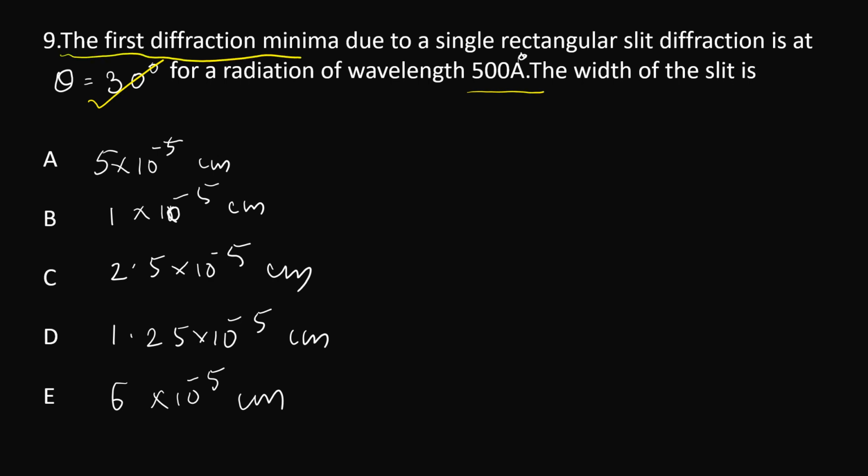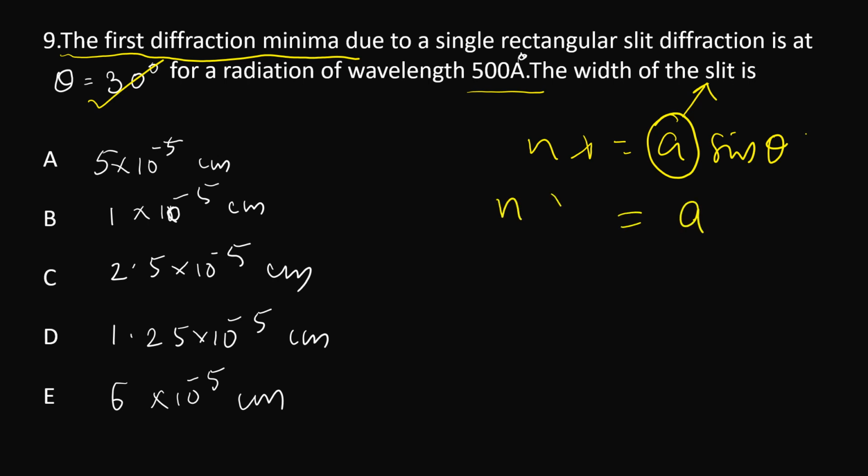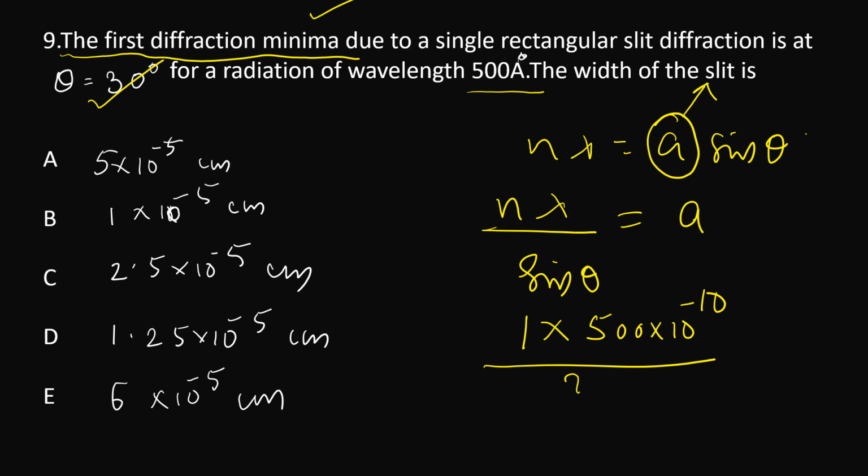For a diffraction minima, we can write nλ = a sin θ, where a is the width of the slit, or a = nλ / sin θ. n is 1 because it is for the first minima. λ is 500 Armstrong, that is 500 × 10^-10, divided by sin 30.